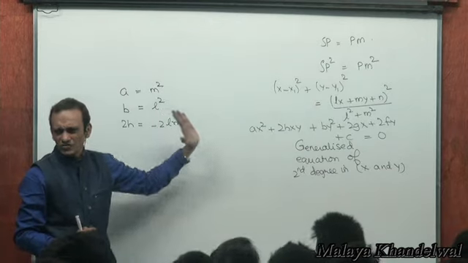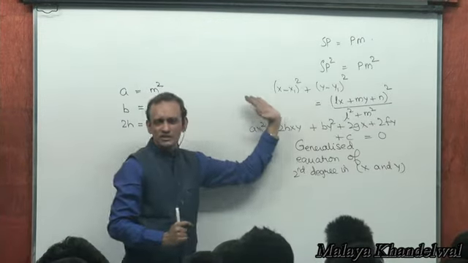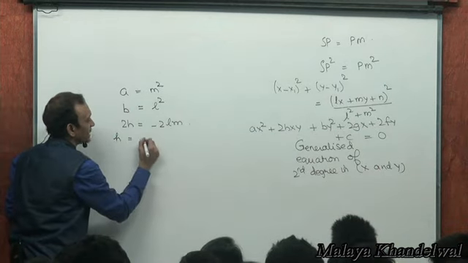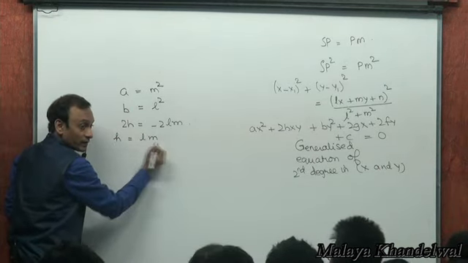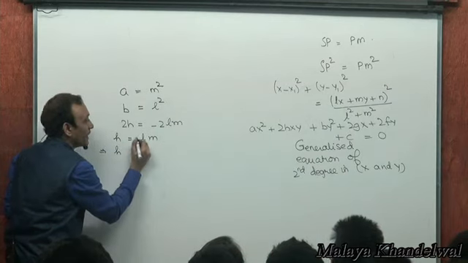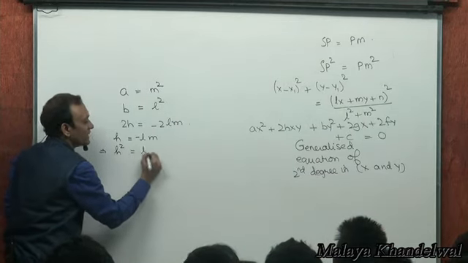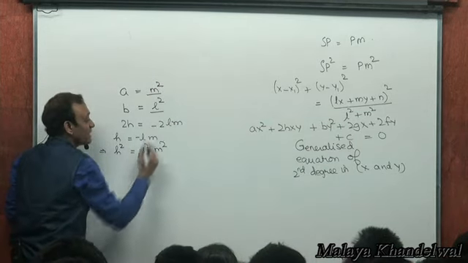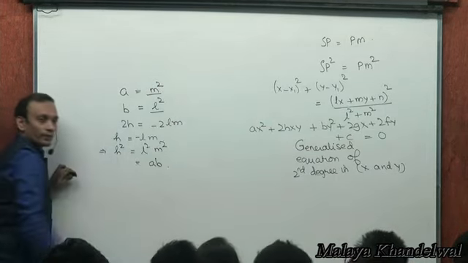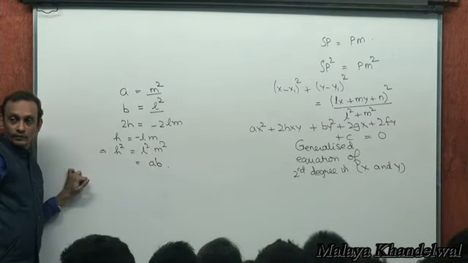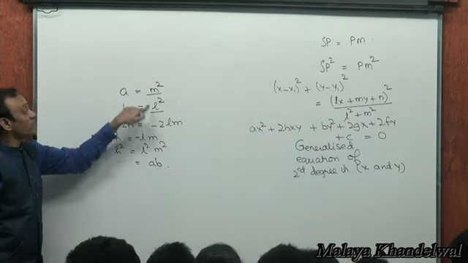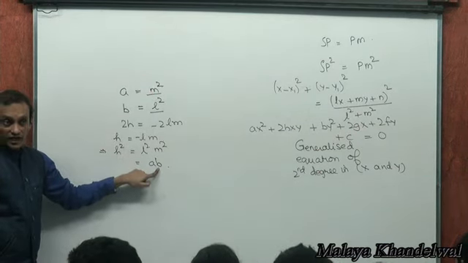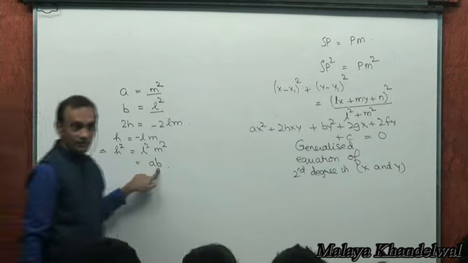Everything I have transposed on this side, right? Therefore, h is lm, or minus lm, so h squared is L squared M squared. But that's AB, isn't it? L squared is B, M squared is A. So H squared is AB. Yes or no?